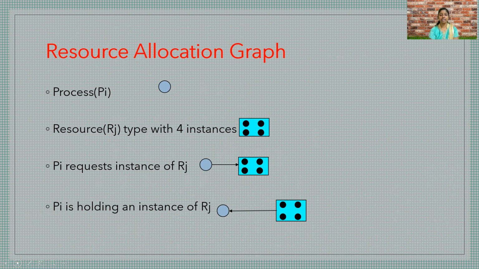And here you can see Pi is requesting an instance of Rj, and that is denoted by process Pi pointing to the resource Rj. And Pi is holding on to a resource, and that is a directed edge from the resource to the process.